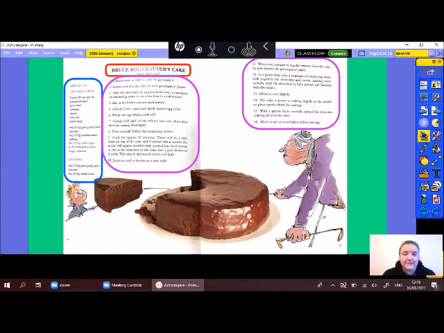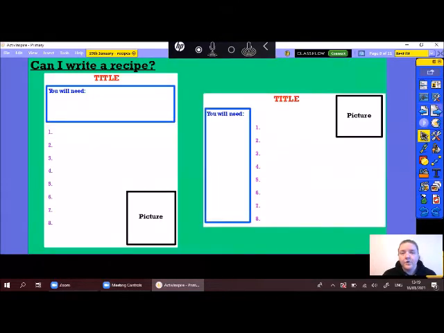Looking at the layout of this recipe, remember we've got the title, which is the name of what we're making. You've got your list of equipment and ingredients of what you will need. And then you've got all your instructions in chronological order, in the order that you need to do them. When you're writing your own recipe, it's up to you how you set it out.